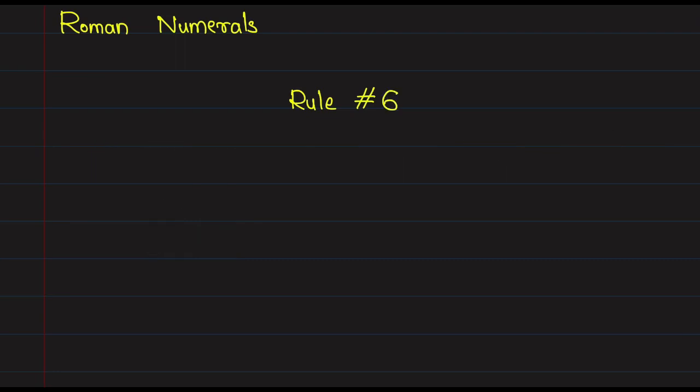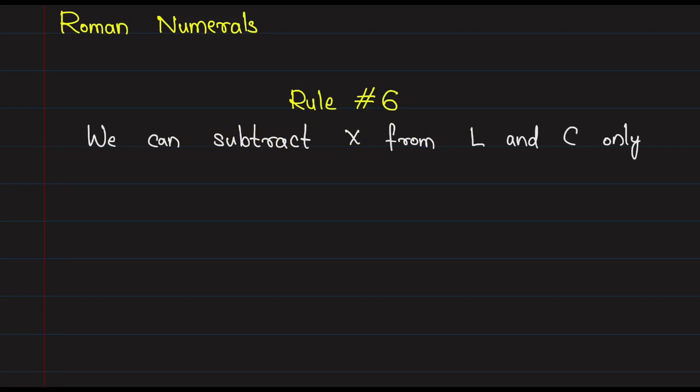Rule number 6. We can subtract X from L and C only. For example, we want to write 990. We cannot write XM just because 1000 minus 10 is 990. This is the wrong way of writing. Why?